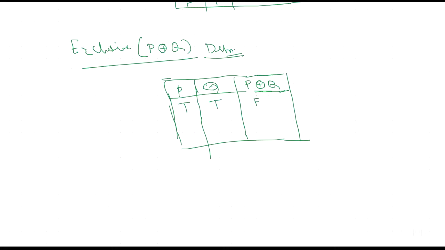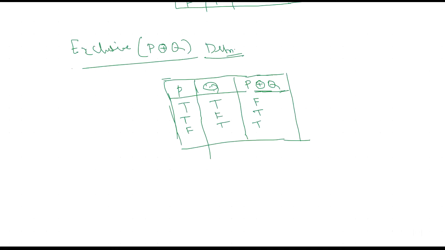Suppose P is true, Q is false, P ⊕ Q is true. Suppose P is false, Q is true, P ⊕ Q is true.